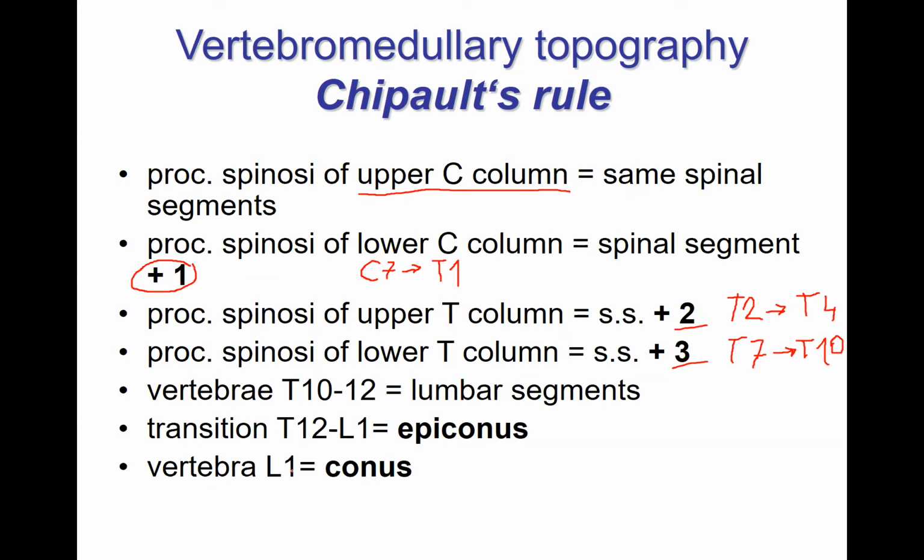So when we go down to vertebra L1, we have the conus medullaris, segments S3 to S5. We have talked about this just a minute ago. At the level of 1 vertebra above, we have the epiconus, so segments L5 to S2, which nearly matches the sciatic nerve.